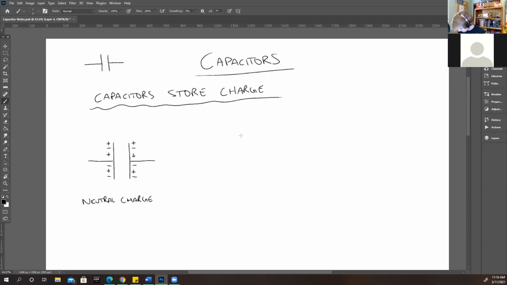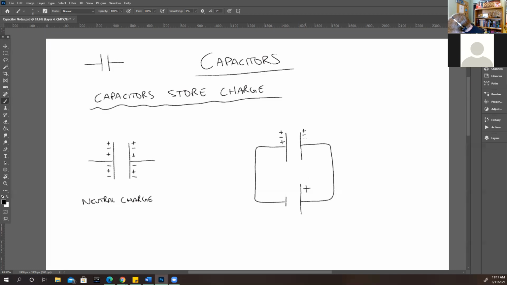Then when we connect it to a battery, let's take that same capacitor and hook it up to a battery. What's going to happen? There's a negative side and a positive side of the battery, and the large side is positive. Let me draw these charges again.